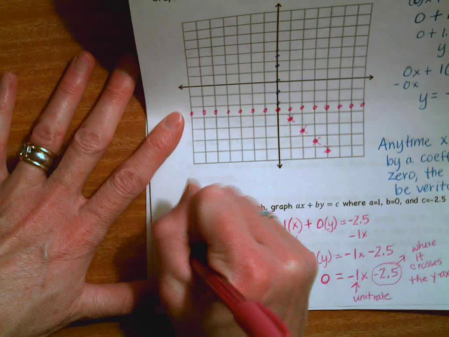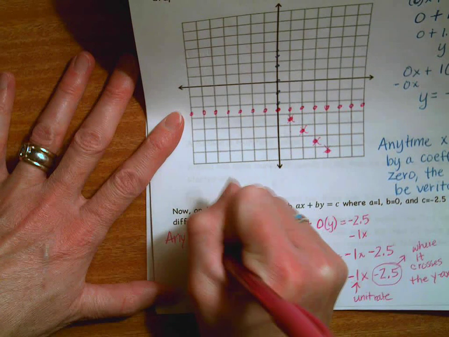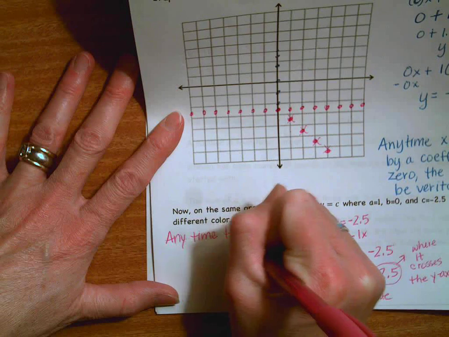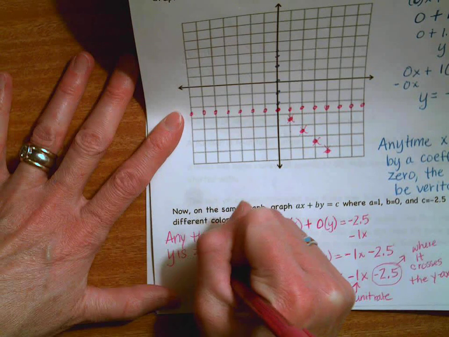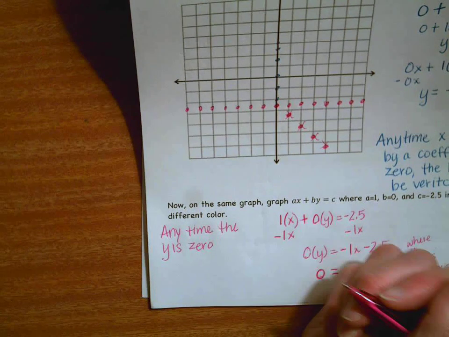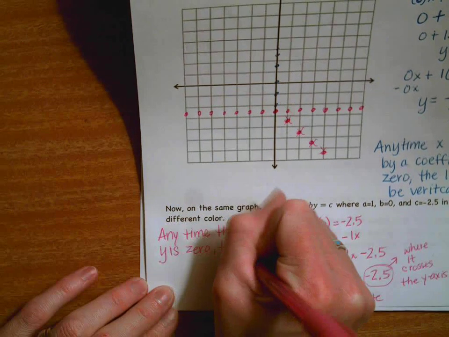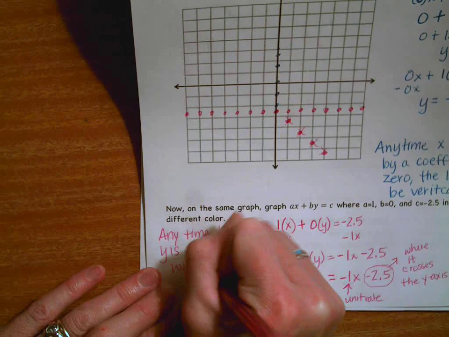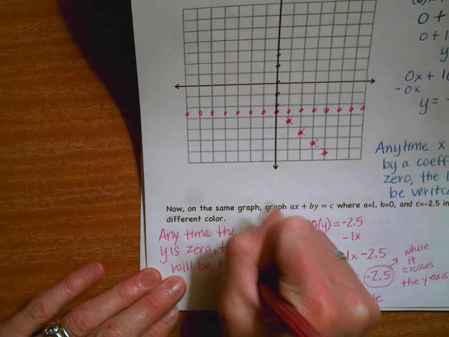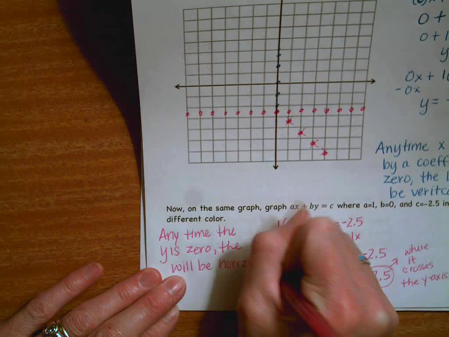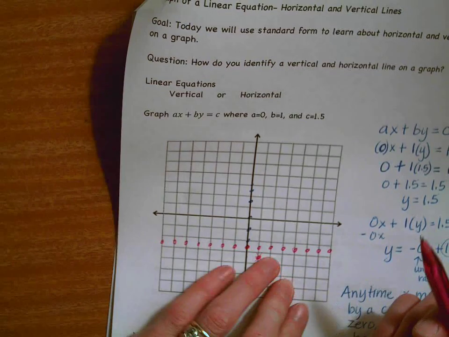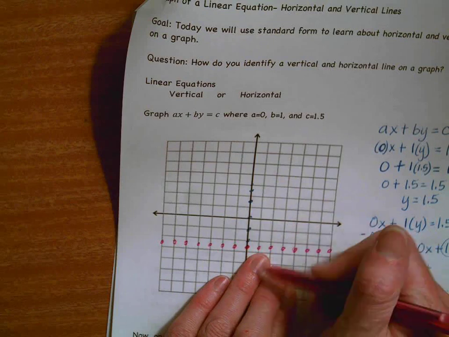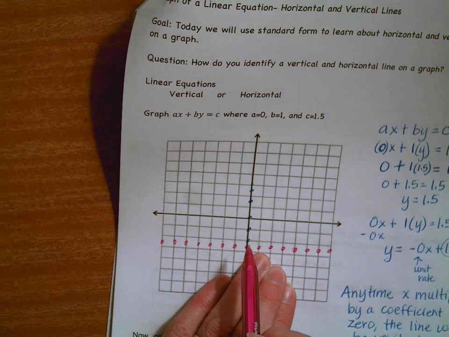All right, so let's write the rule for this one. Anytime the y is 0, or multiplied by a 0 to make it a 0, the line will be horizontal. Okay, and so that's how you determine the difference between a vertical line and a horizontal line.